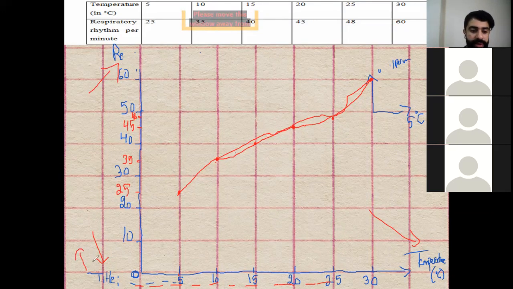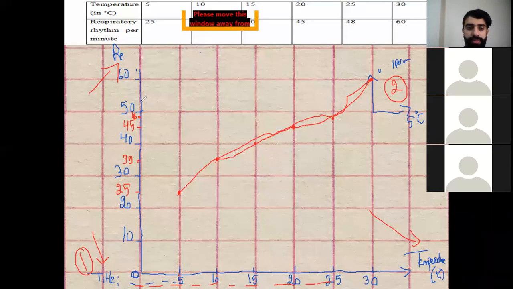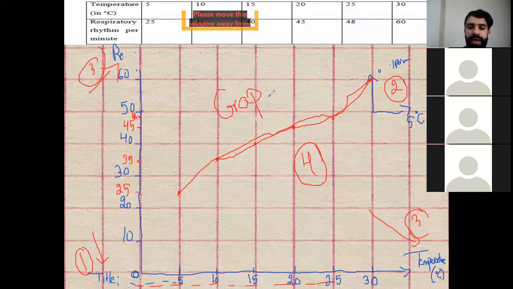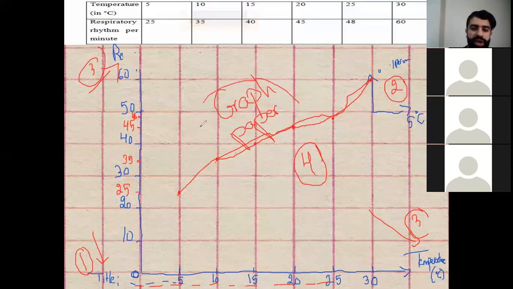Second, you put the scale. Third, you put the title for the axes, the x-axis and the y-axis. And the fourth step is to draw the graph. And this should be done where? On a graph paper, using a pencil and only a pencil. You can't draw the graph unless it's on a graph paper.